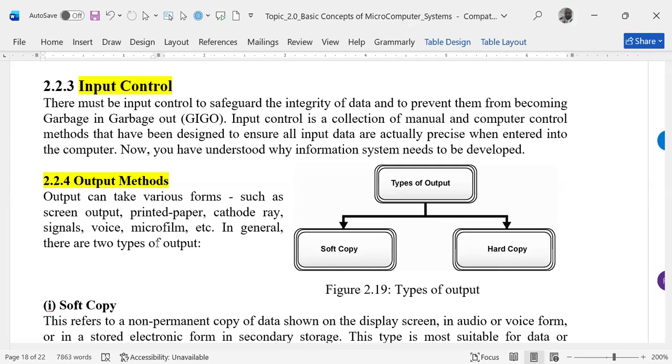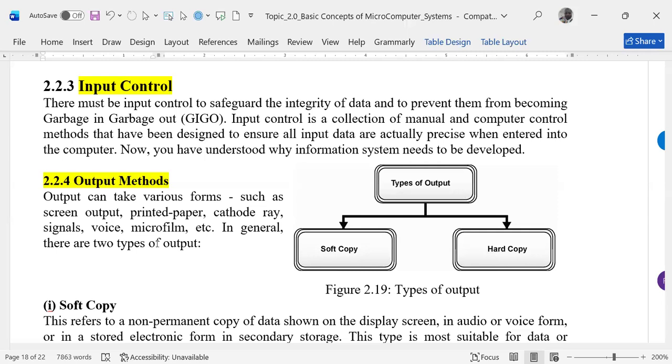You don't need to switch on the machine. The disadvantage is that anytime you want to reproduce a copy, you need a printer before you can generate it. Another disadvantage is that it cannot be easily distributed across a geographical area.